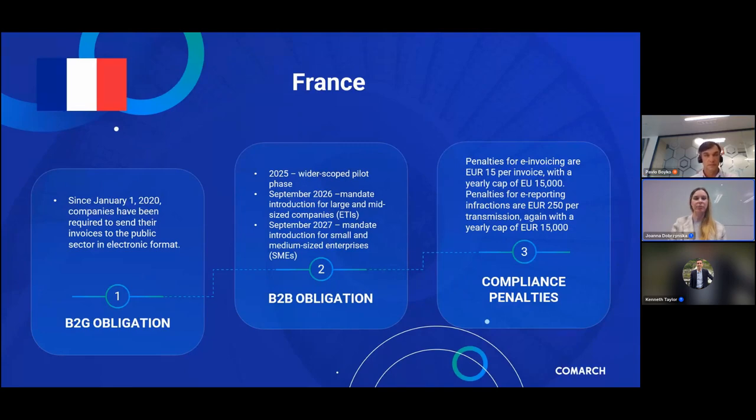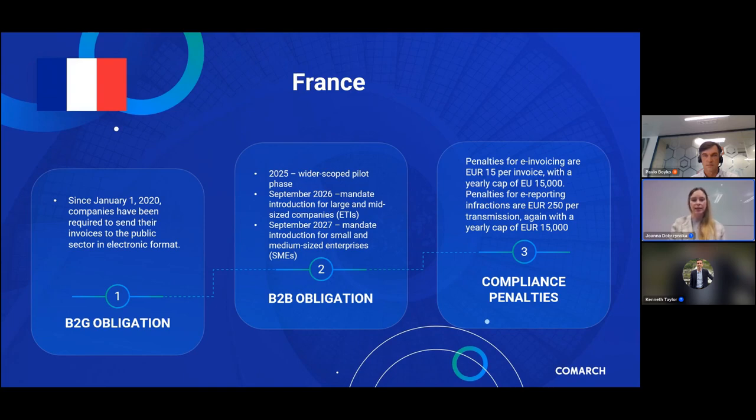Talking about financial penalties, I have prepared some examples of countries that already have invoicing in place or that are preparing themselves for invoicing rollouts. For example, in France, companies have been required to send invoices only to the public sector in electronic format since January 1st, 2020. The obligation for B2B was postponed a few times, but it will finally go live from September 2026.